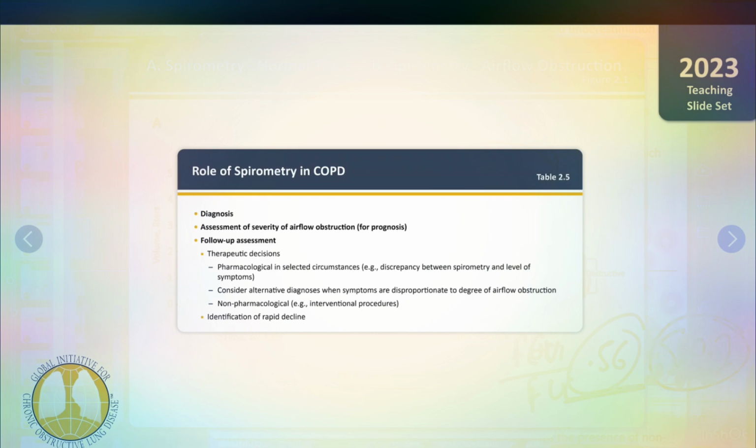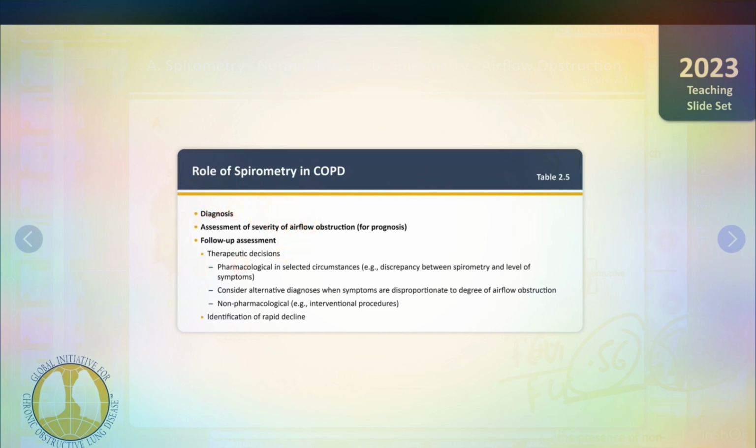Then they are telling about the role of spirometry in COPD patients. We use it for diagnosis, assessment of severity of airflow obstruction, and for prognosis. We grade it as COPD GOLD grade 1, 2, 3, 4.